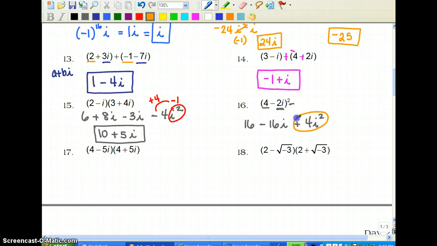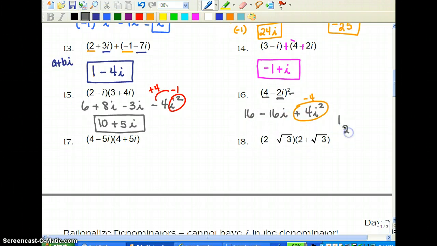Plus 4i squared is really negative 4 because this is negative 1 and that changes the sign. So we got 16 minus 4, 12, minus 16i. We're going to do a lot of foiling with these problems, so you got to be good at foiling.